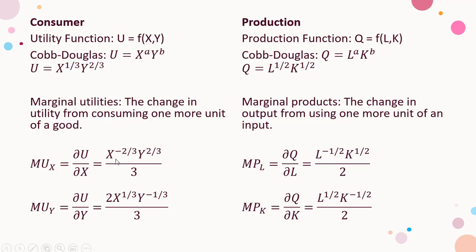That's the ceteris paribus idea, or all else being equal idea in economics. So here's the marginal utility of good X. And then the marginal utility of good Y is the change in utility from consuming one more unit of good Y, holding X constant. And we can see it as a partial derivative concept here as well. Okay, moving on.